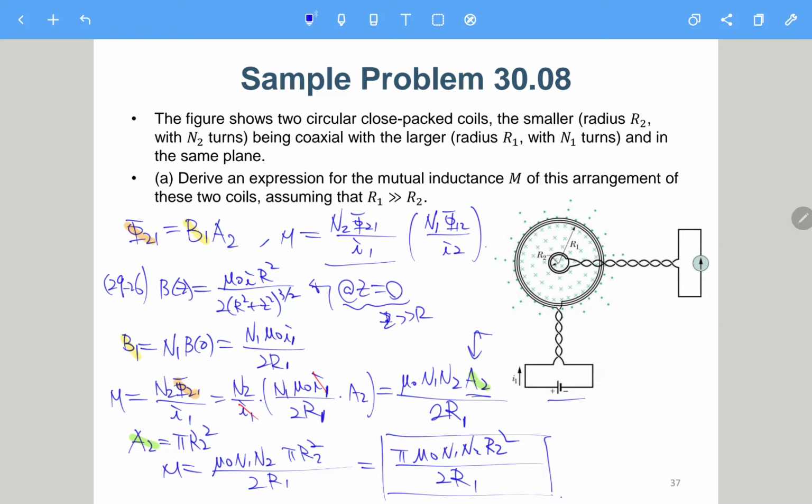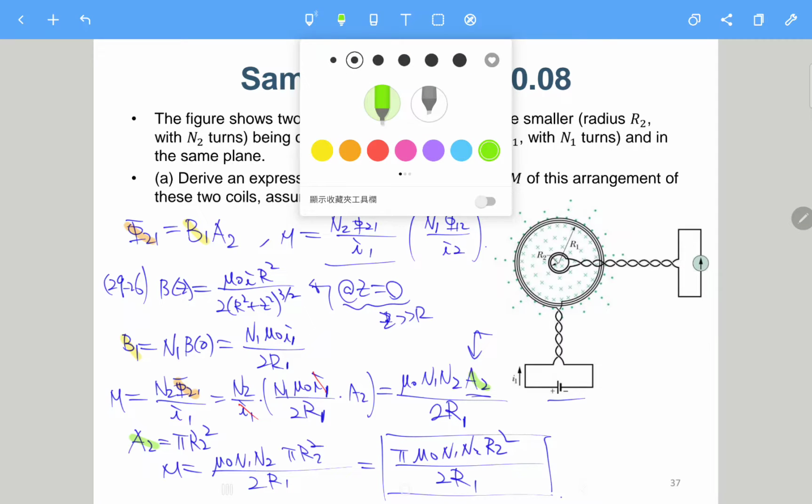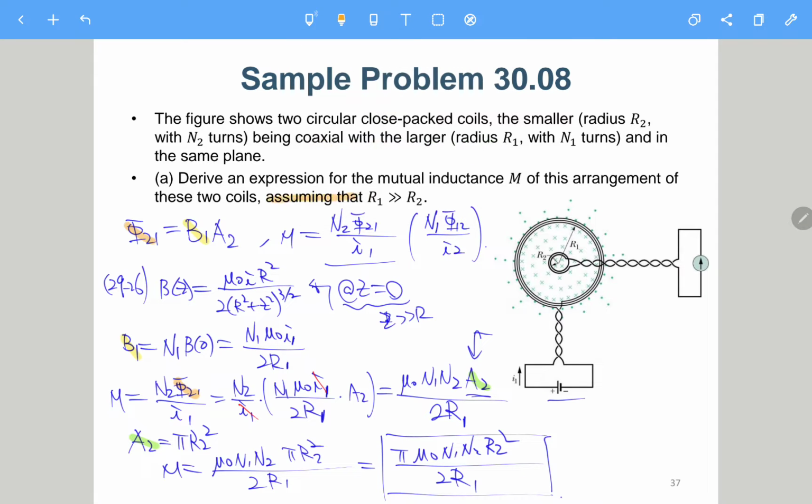Okay, the next part. One point I need to mention is that the question says we assume R1 is much larger than R2.